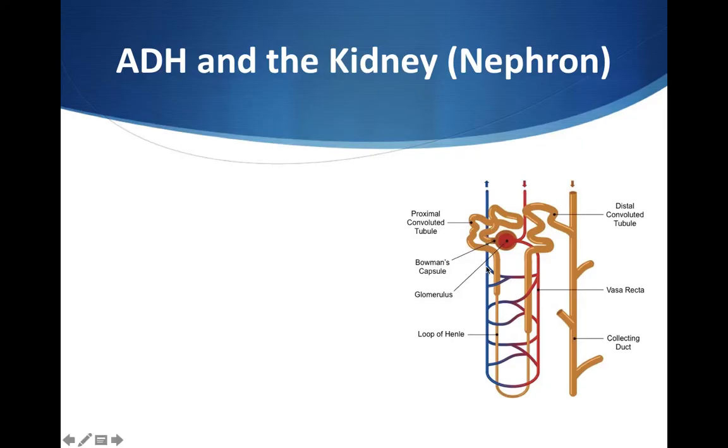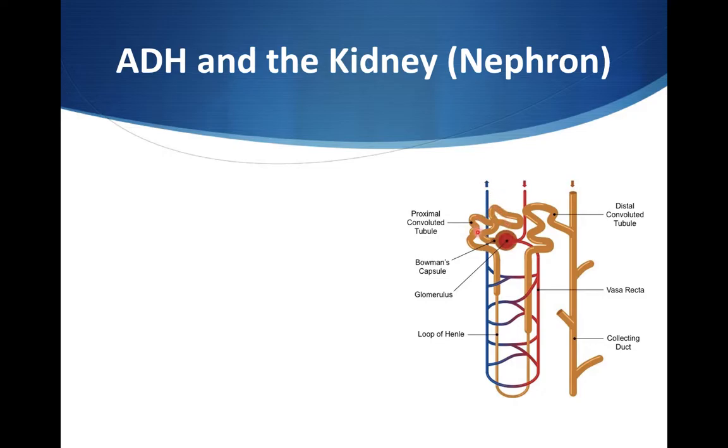Okay, so this last slide is a little bit complicated to understand until we talk more about the kidney. So I've got a quick picture here of a nephron, which is an important structure in the kidney that we're going to talk more about when we do the anatomy of the kidney. But basically, here in red I've got blood coming into the nephron, and then here in blue we've got blood leaving the nephron.